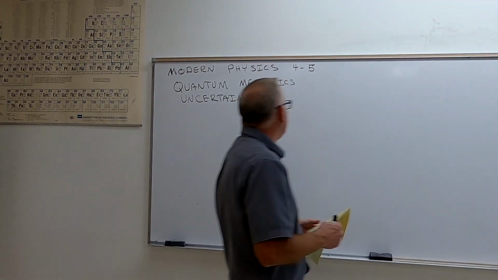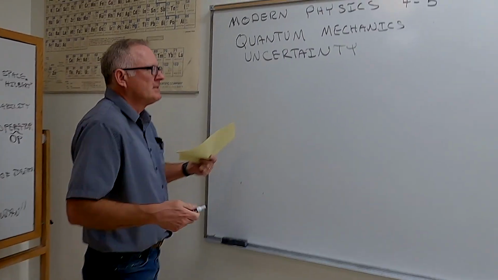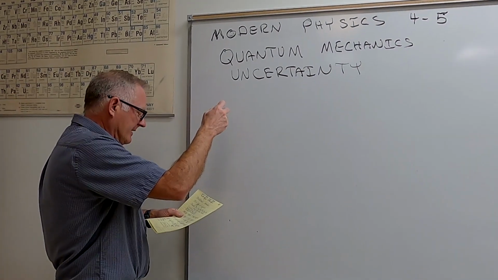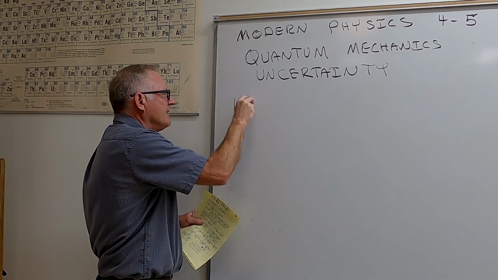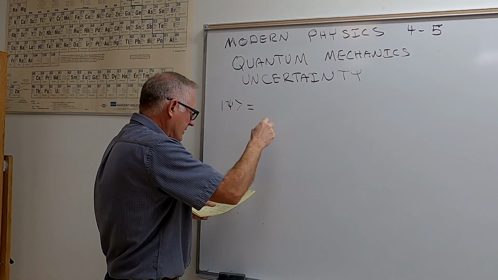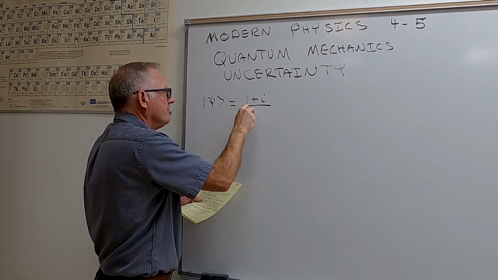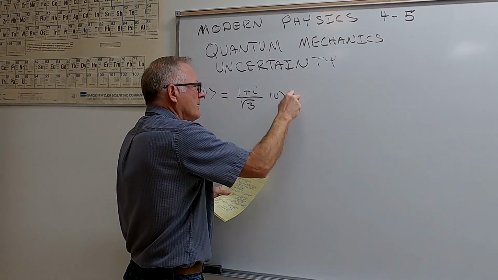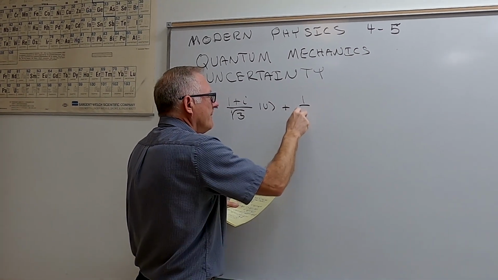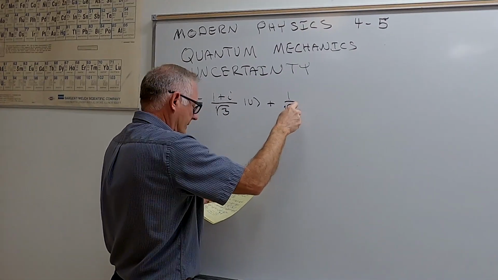Okay, so I figured we'd get a little bit of review before I say something about uncertainty. So I said, let me just get some more practice on that. Let's say we have a state, someone made a state psi, which was (1 plus i) over the square root of 3 up plus 1 over the square root of 3 down.